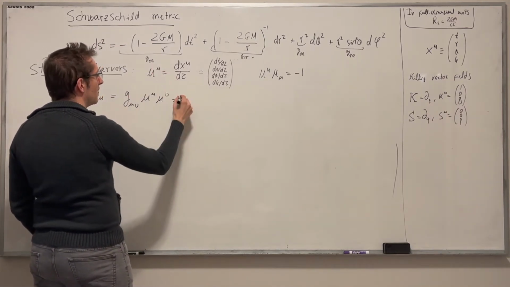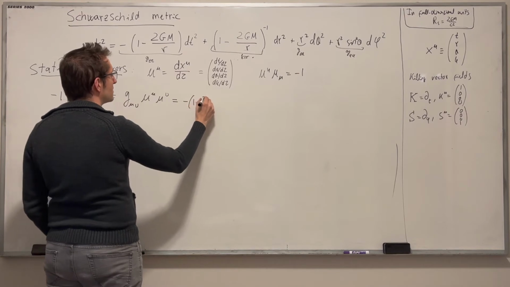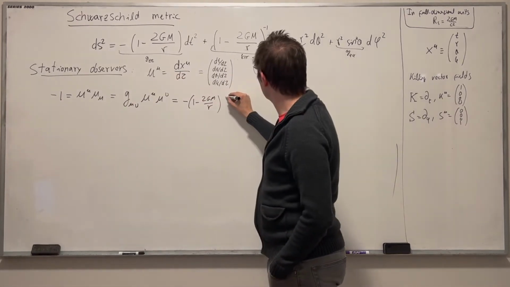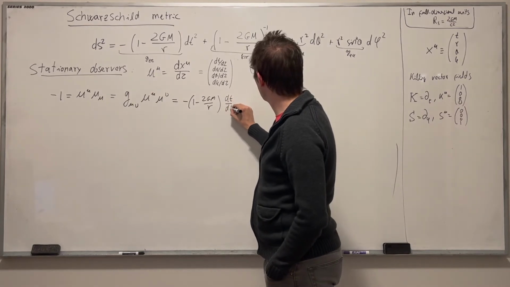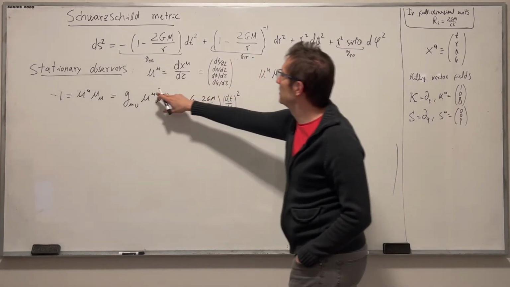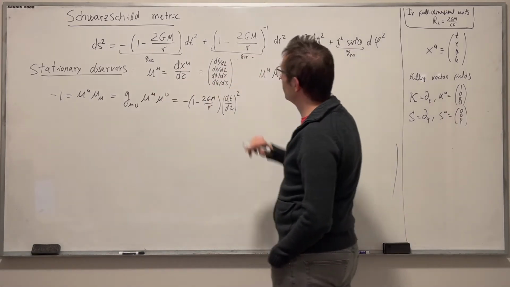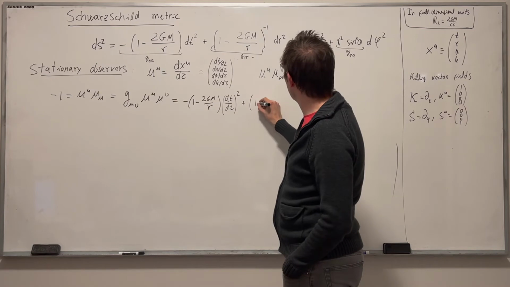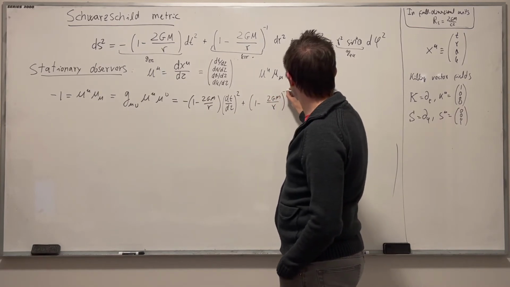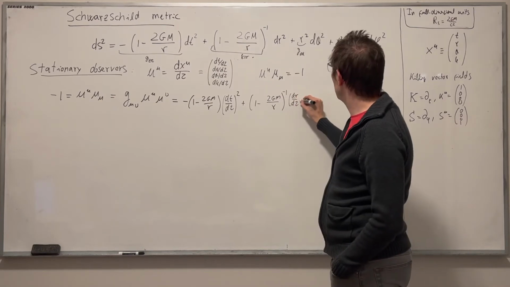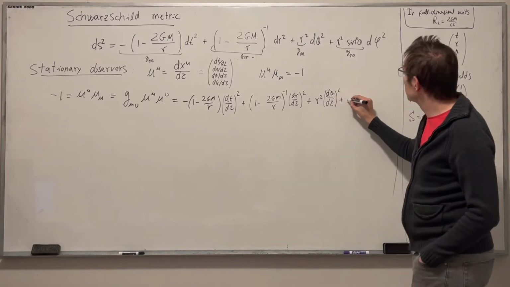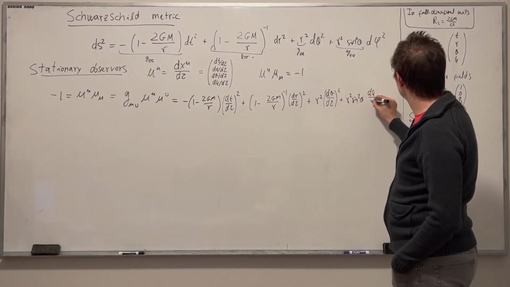So I get -(1 - 2GM/r)(dt/dτ)², that comes from the 0th component, or the tt component of this, plus (1 - 2GM/r)^(-1)(dr/dτ)² plus r²(dθ/dτ)² plus r² sin²θ (dφ/dτ)².